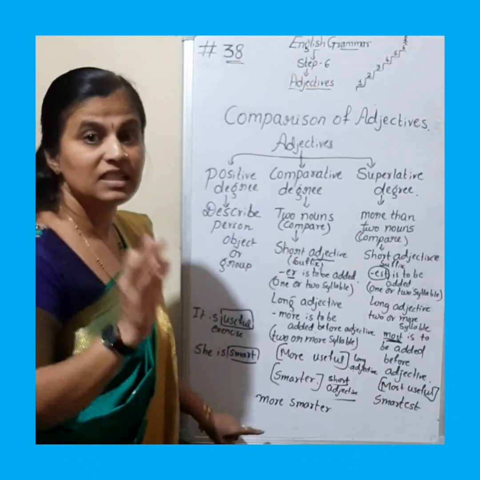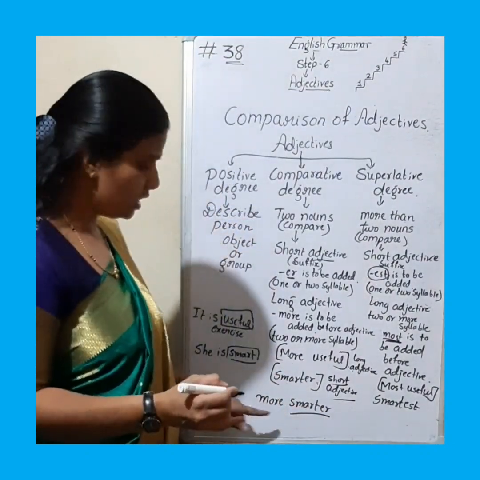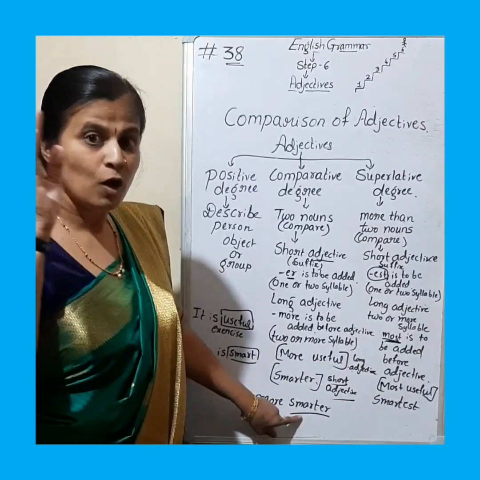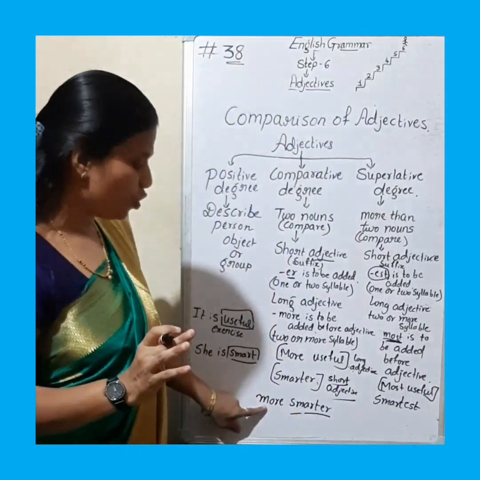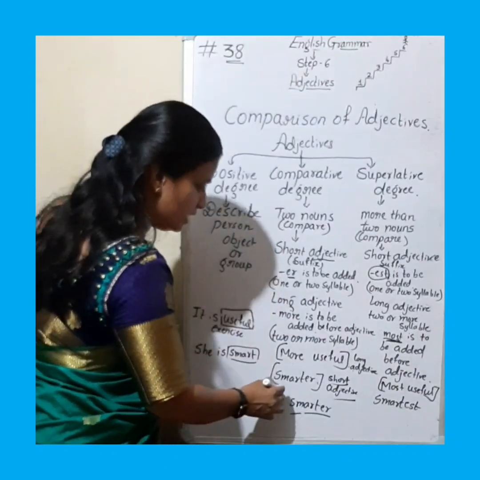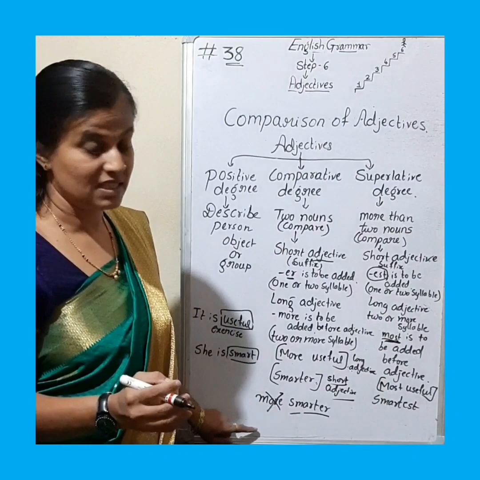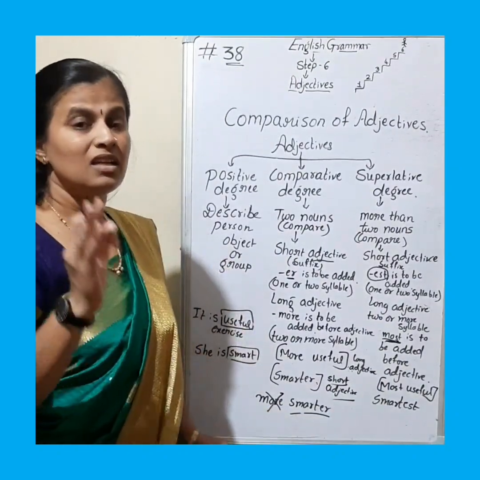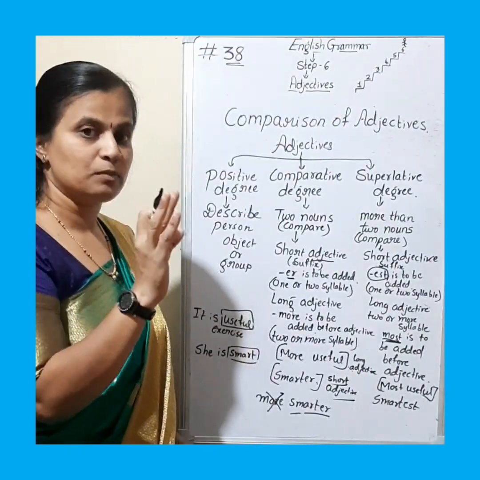No, it is incorrect because already it has changed the form from positive degree to comparative degree. Then I should not add this more again. Already I have changed, right? So this is an incorrect phrase I can say. So smarter, only a single comparative has to be used to express.